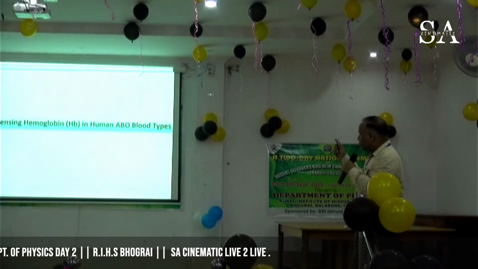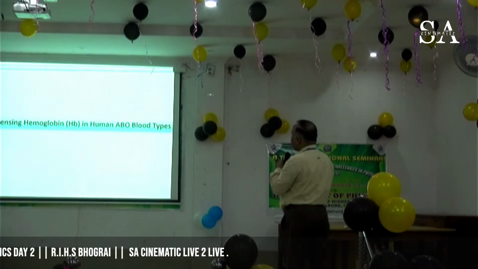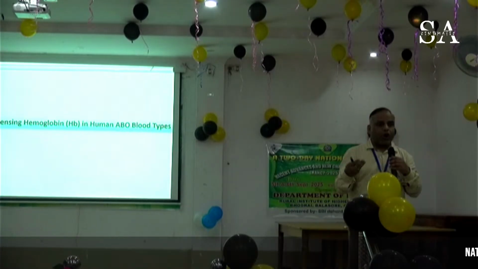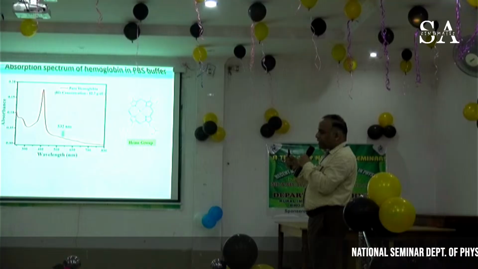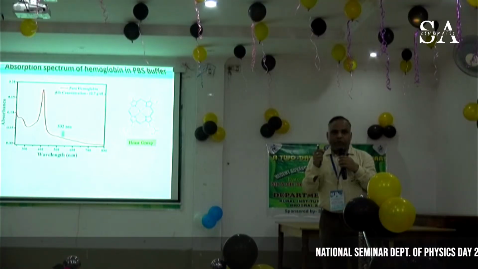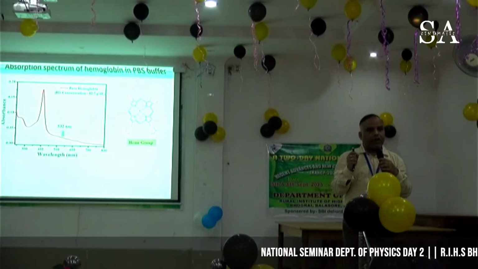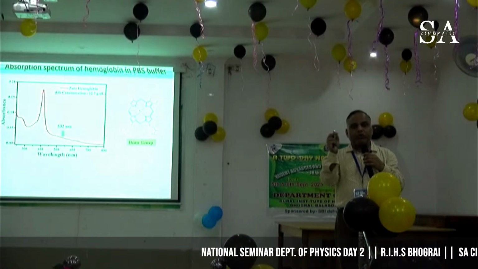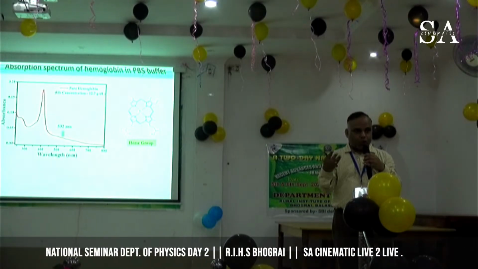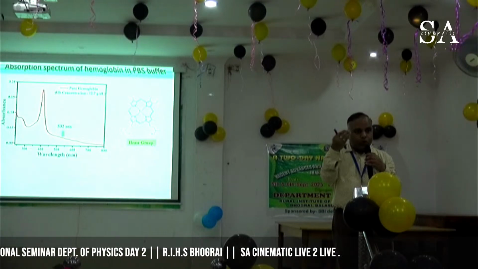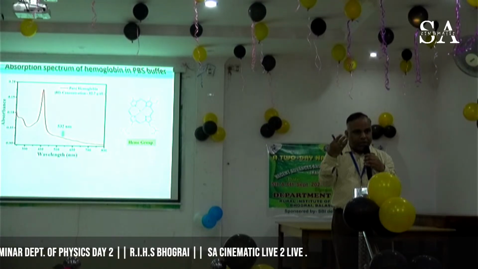So now we'll come to the first one, how we are going to sense hemoglobin blood groups. First we need to analyze our molecule. The first analysis is always done by taking a simple absorption spectrum. You take the absorption spectrum of that molecule or protein and see at which energy level they are absorbing light.